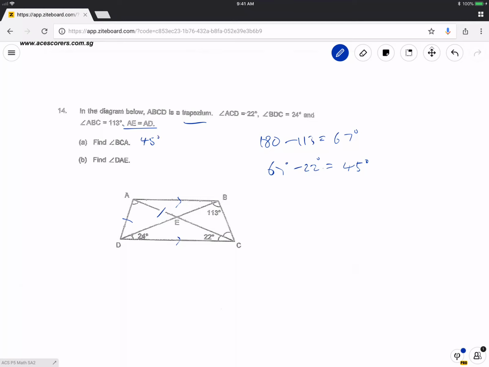Next, DAE. DAE is 24. Okay, so here is 45. What I'm doing is trying to find all angles and see what I can do. So I can actually find BEC.